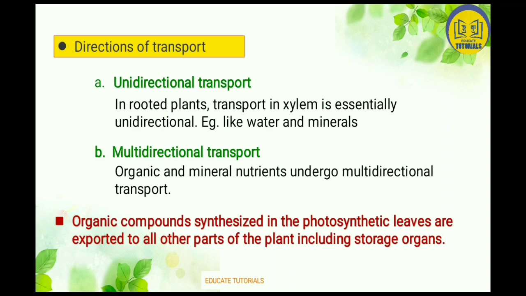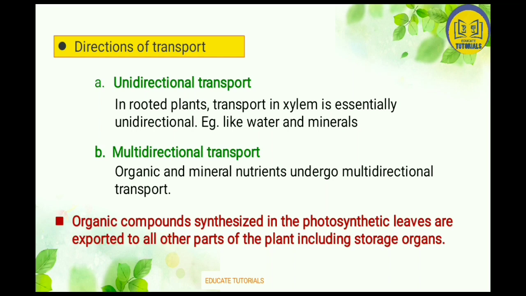But in multi-directional transport, the organic and the mineral nutrients undergo multi-directional transport. What are the needs of organic and mineral nutrients? First, what do you mean by organic compound and how is it synthesized in a plant?